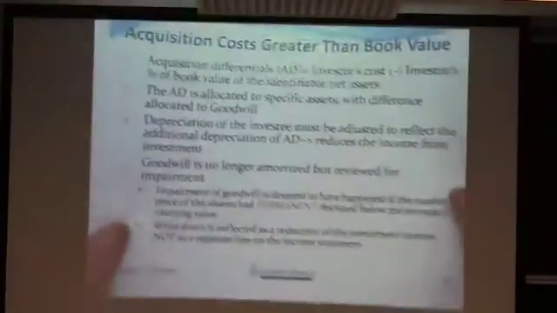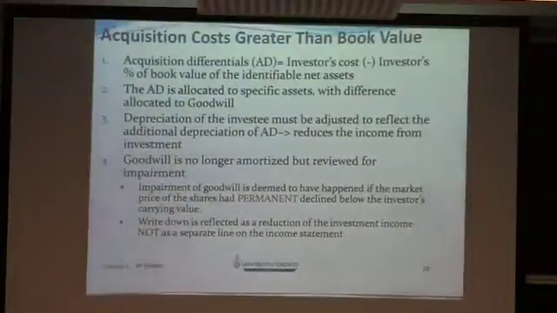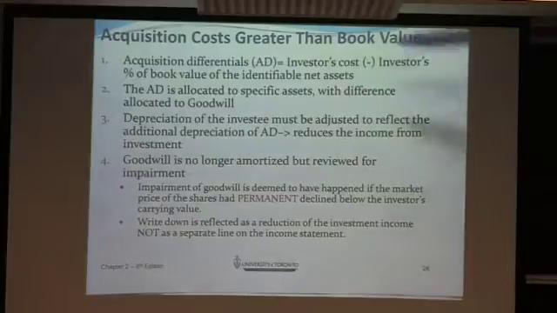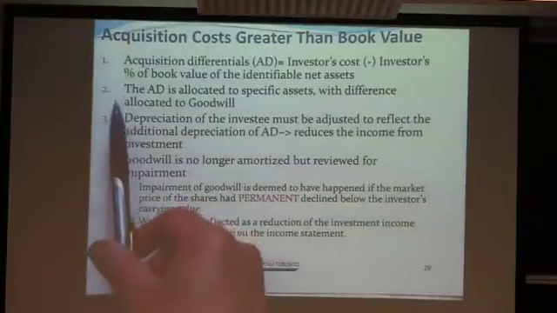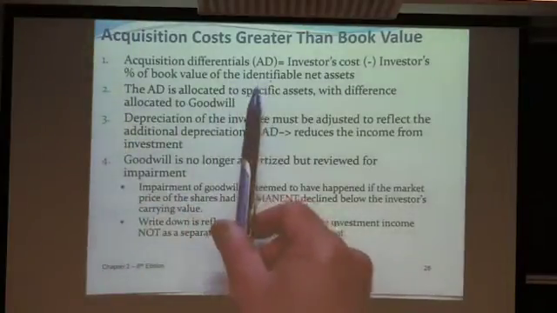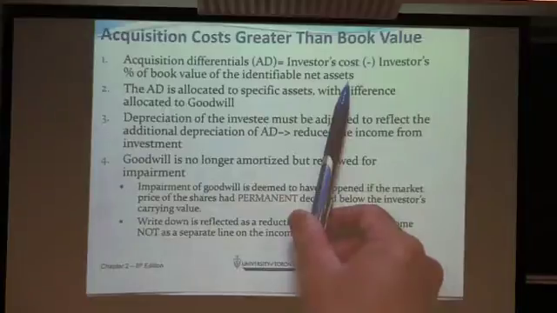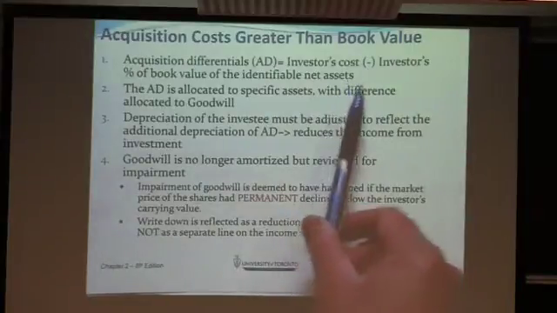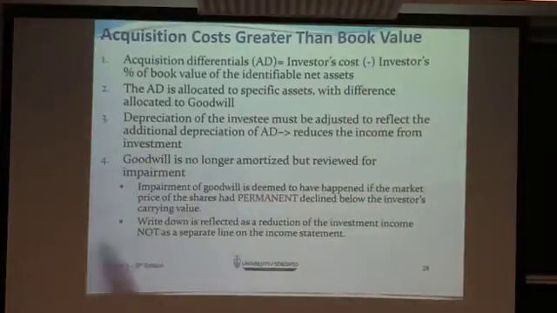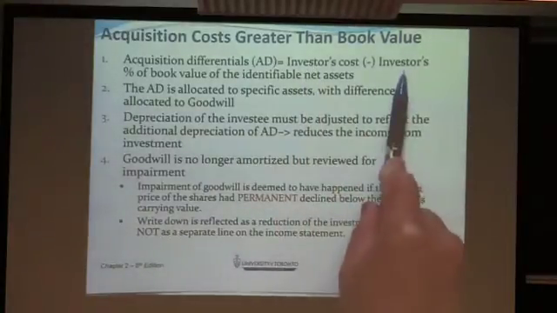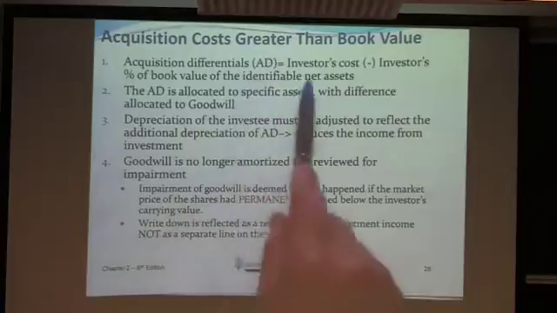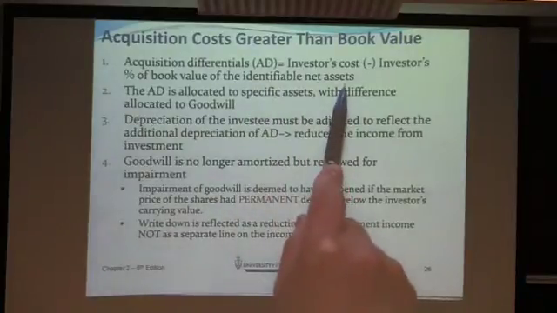So acquisition differential is the difference between what the investor paid less the investor's proportionate share of the book value of the net identifiable assets of the investee. So what you're basically doing is determining what you paid less the actual book value of the identifiable assets of the investee.